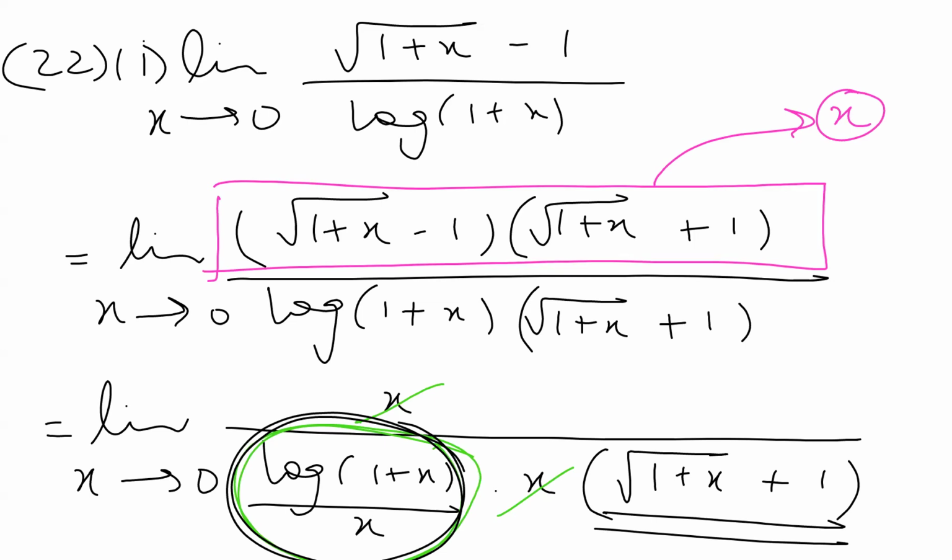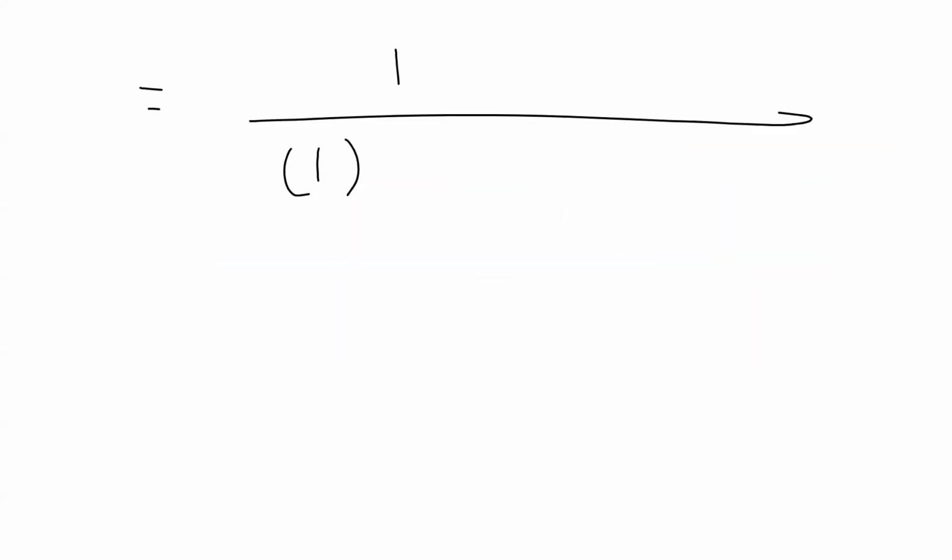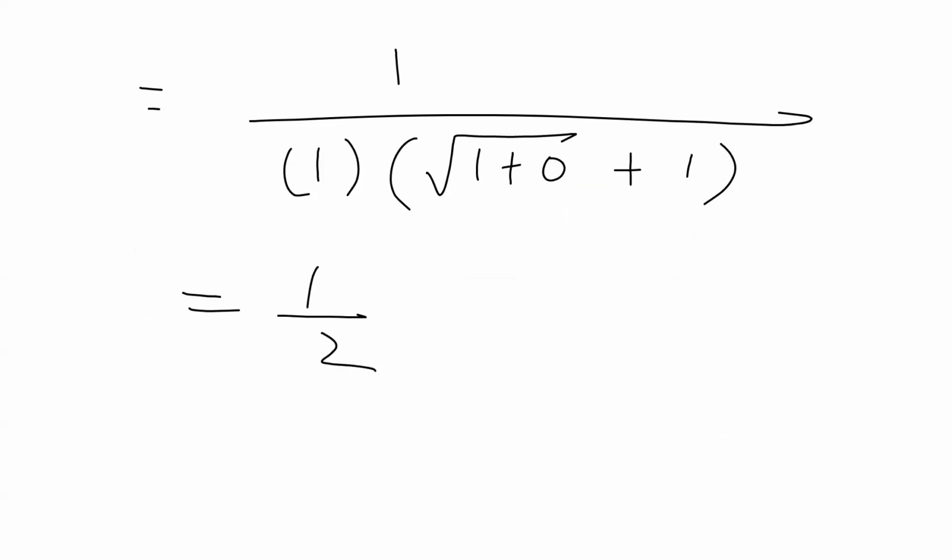Substitute 0. Put x as 0 because it will not create an impact, as the denominator will not be 0. So root of 1 plus 0 plus 1. So this will be 2. I hope everybody understood this.